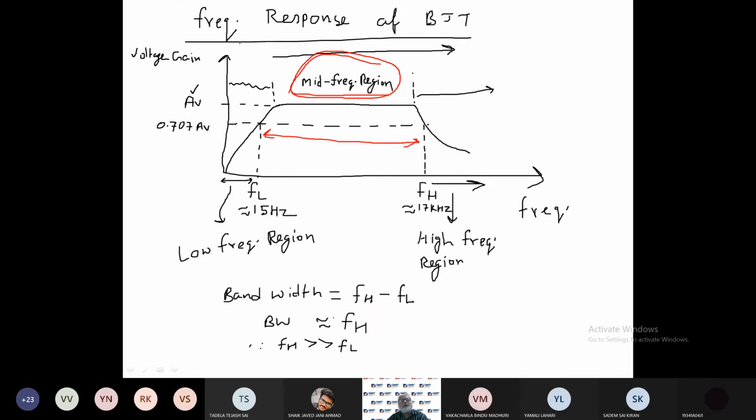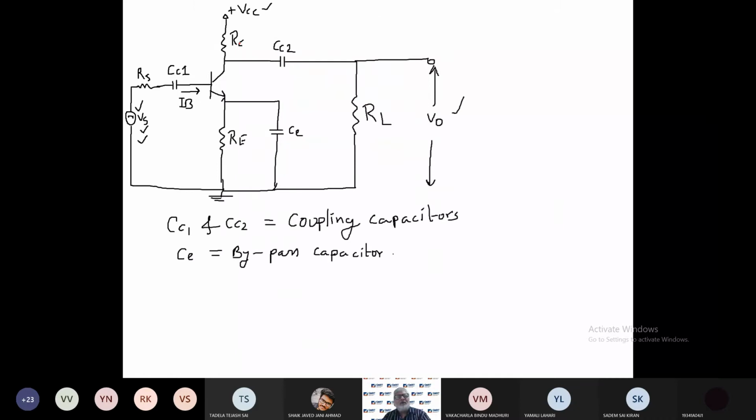So if there is a question on frequency response of BJT or frequency response of RC coupled transistor or effect of coupling capacitors on the frequency response curve, first you start with this curve. Then you draw this circuit diagram. This is RC coupled transistor amplifier.